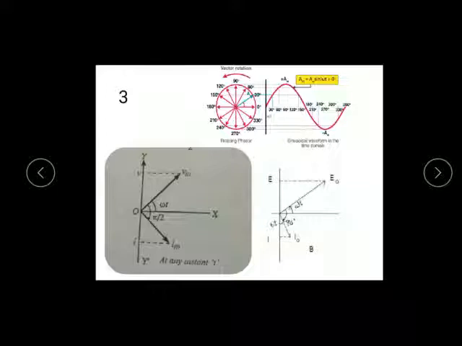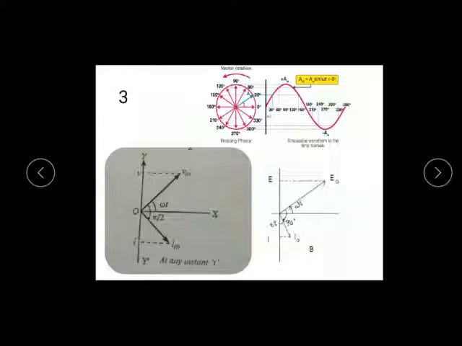Now we have to analyze AC circuits: when AC voltage is applied to a resistor, to an inductor, and to a capacitor, and also when AC voltage is applied to an LCR circuit. Let us discuss one by one.